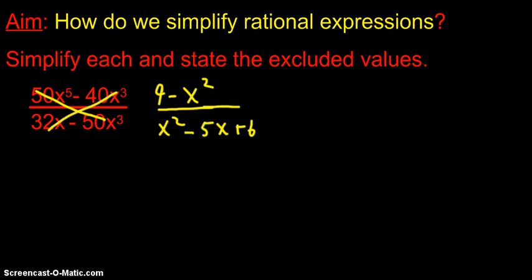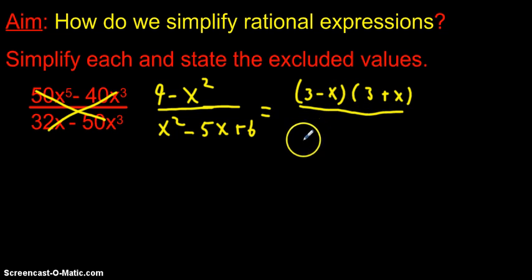Simplify and state the excluded values. This again is 3 minus x, not x minus 3, and 3 plus x, not x plus 3. Actually, in that case, it doesn't matter, because addition is commutative, but subtraction is not. This will now factor to be x minus 3 and x plus 2.